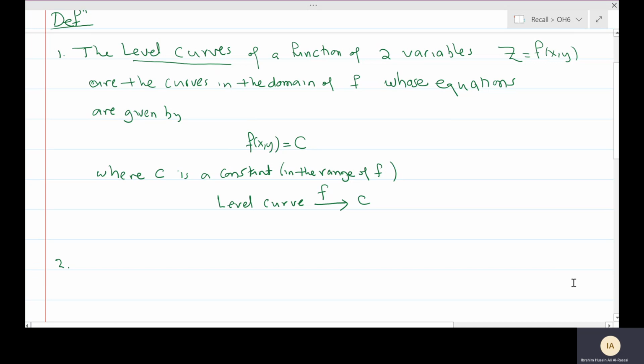Now, when you have functions of 3 variables, w equals f of x, y, z, you do the same thing, but they are called level surfaces.